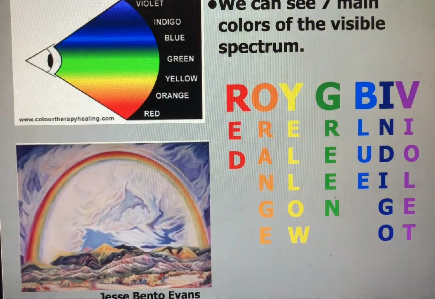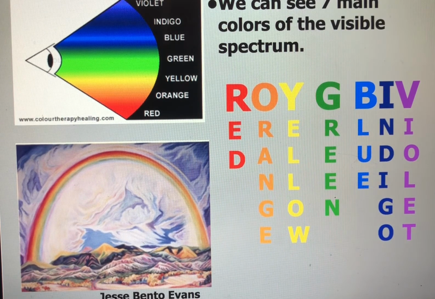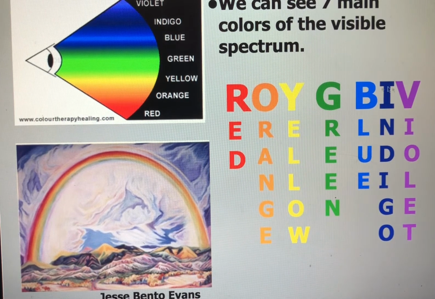And what he discovered also is that we as people, humans, are able to see 7 major colors, and he called those colors a spectrum. And he noticed that the colors always happen in the same order. A good way to remember that order is this acronym, if you've ever seen it, ROY G BIV.